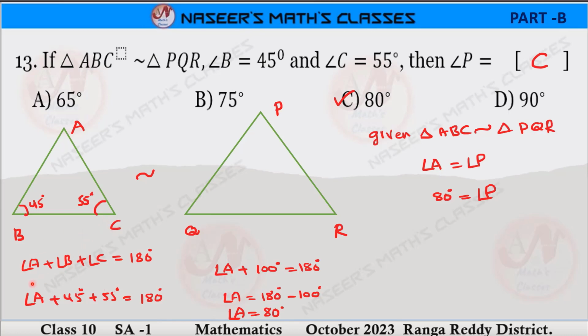By the angle sum property, we can find the angle A value, then we get angle A is equal to 80 degrees. So in similar triangles, corresponding angles are equal. So angle A is equal to angle P, we can write. So from calculation, angle P is equal to 80 degrees. So option C is the correct one, that is 80 degrees.